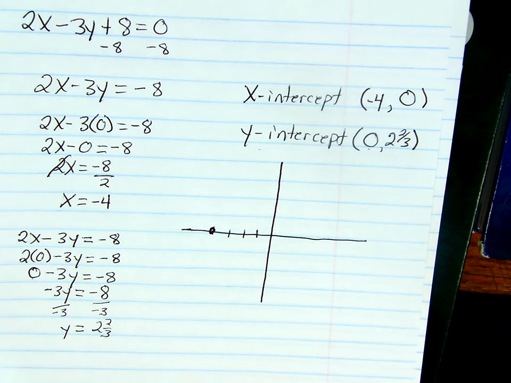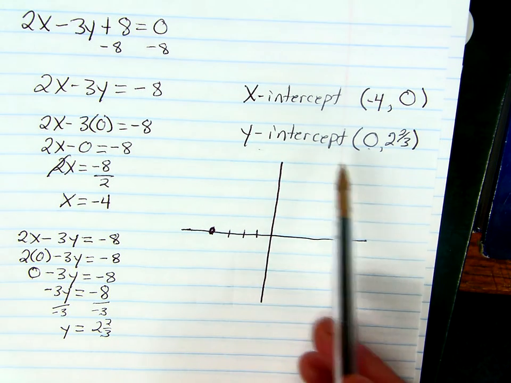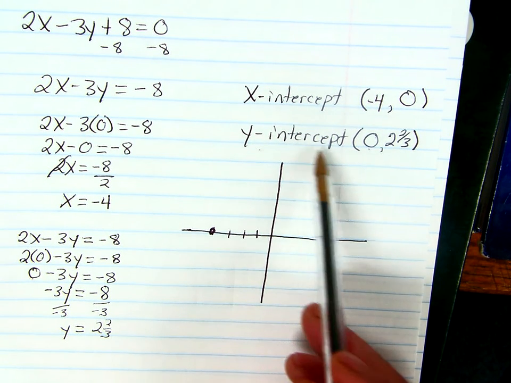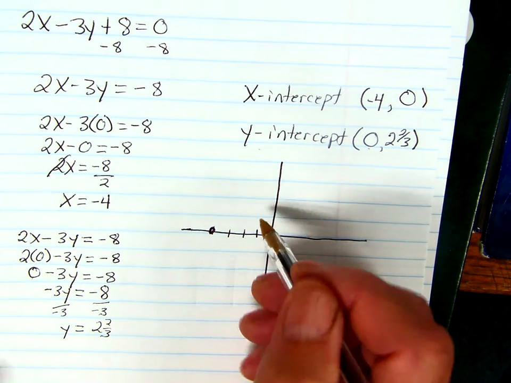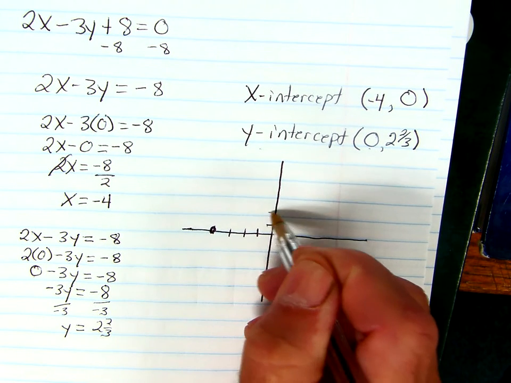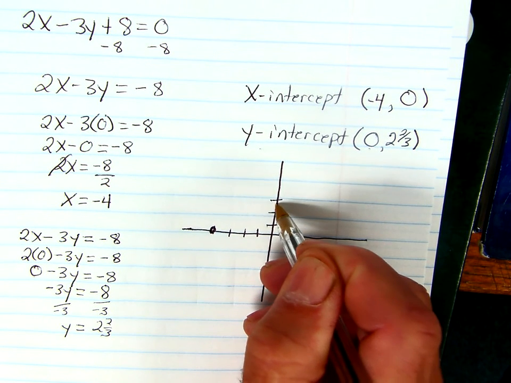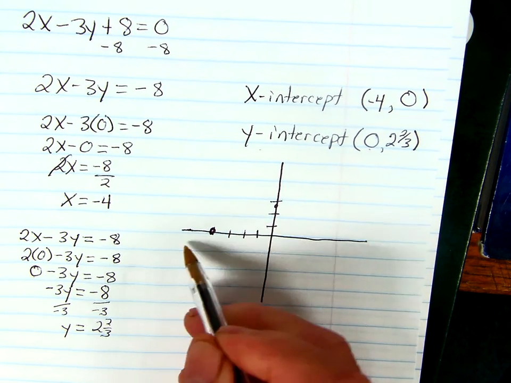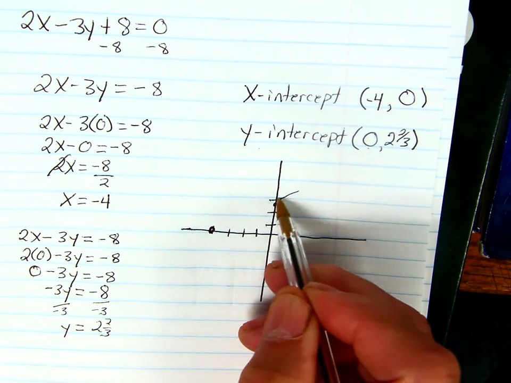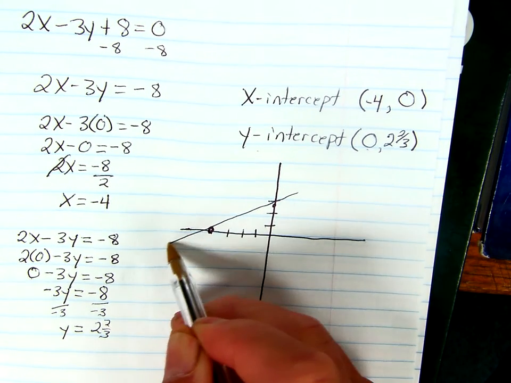Boom. Now I'm going to plot this y-intercept. It's the y-intercept, so it's on the y-axis at 2 2/3. 1, 2, 3. So it's not quite 3. And once I have 2 points, I can draw my line.